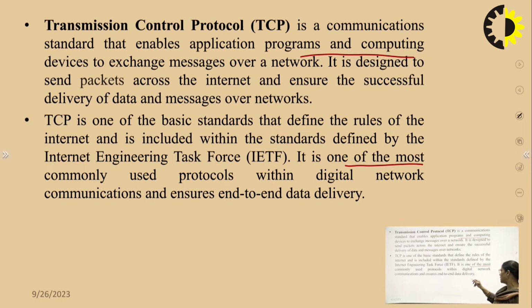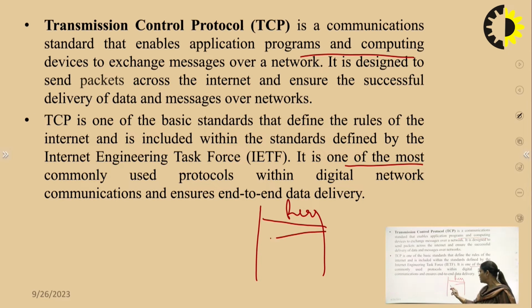So we can say that basically this TCP protocol uses a three-way handshake. First, a request is sent to the server. Then if the server is ready to accept that information, if the server is not busy, it will send a response against this request. Then it means a connection is created between client and server.